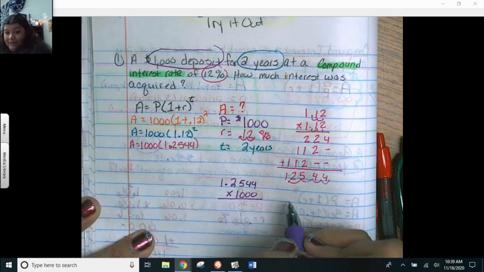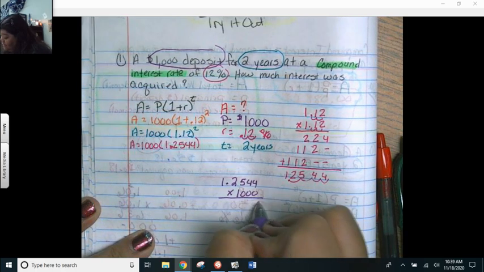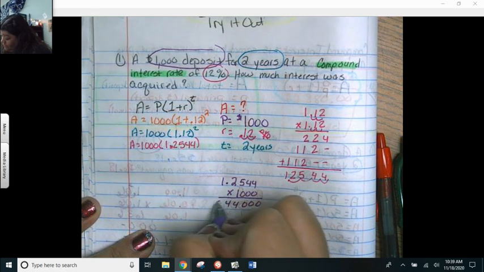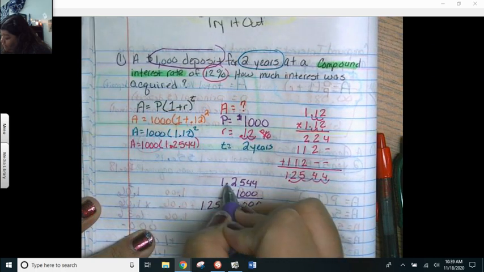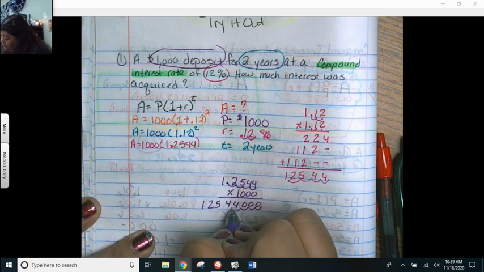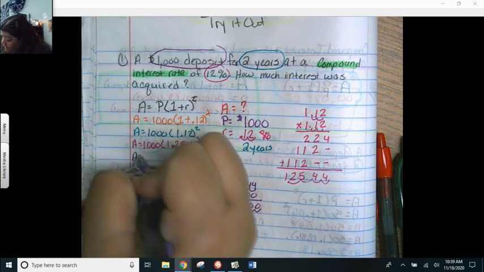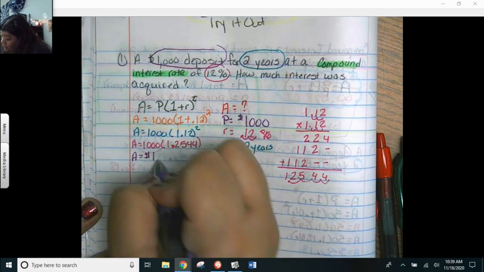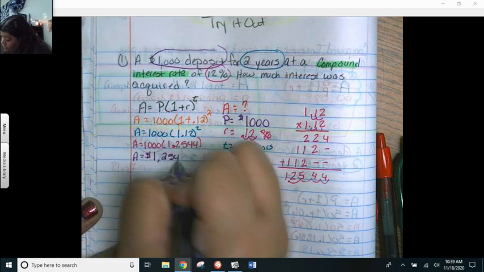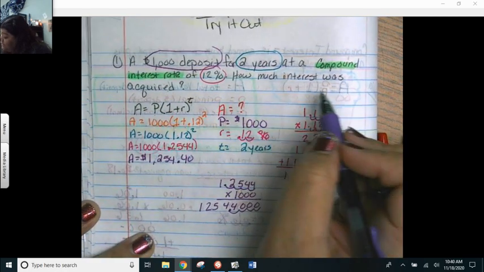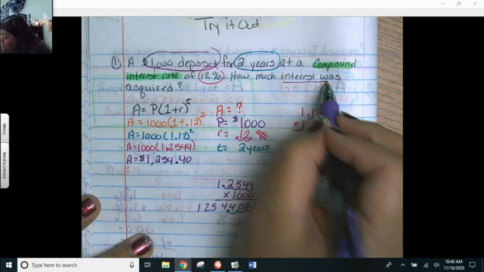You know the trick with this one? Add those zeros at the end. Now do the 4. We have 1, 2, 3, 4. So A is $1,254.40. And they were asking how much interest was acquired.